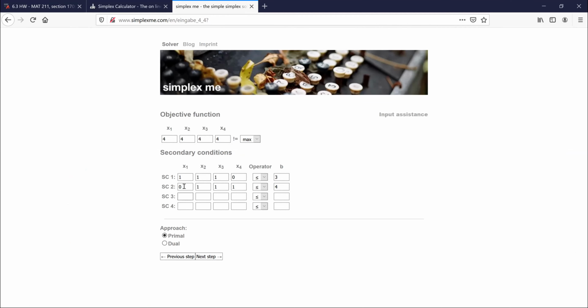The next one is missing a y, so it's 1, 0, 1, 1, 5. And then the next one here is missing a z, so it's 1, 1, 0, 1, 6.